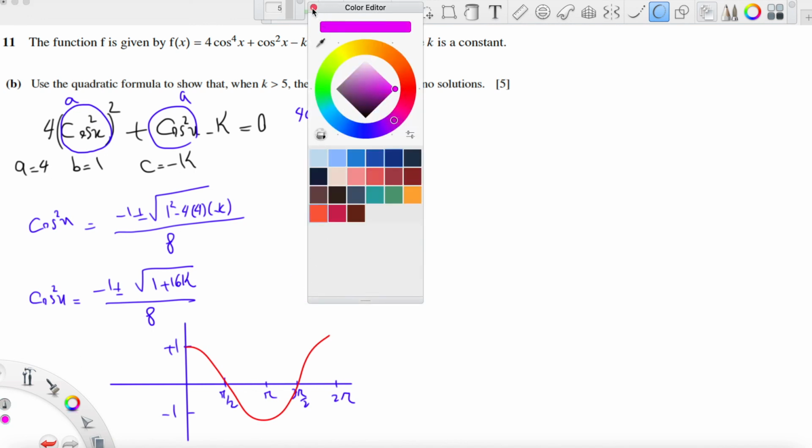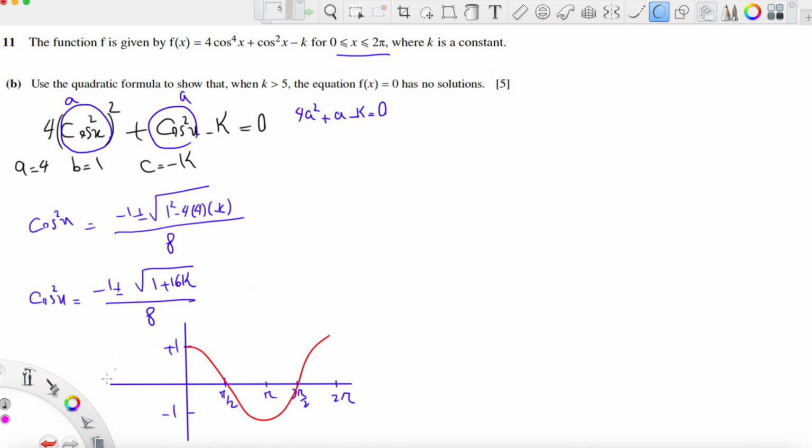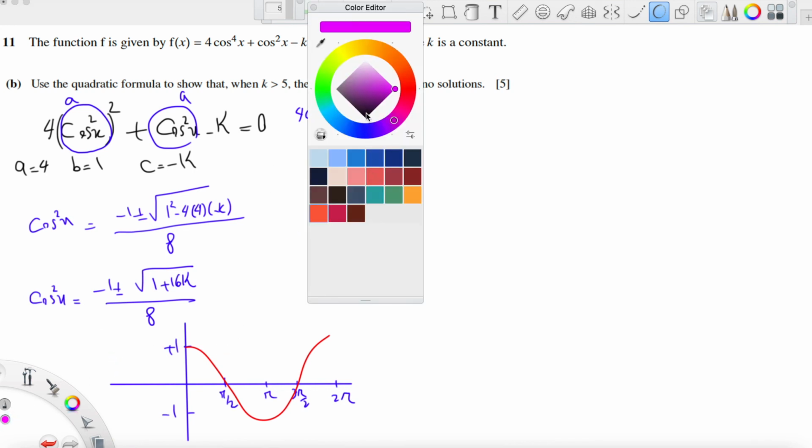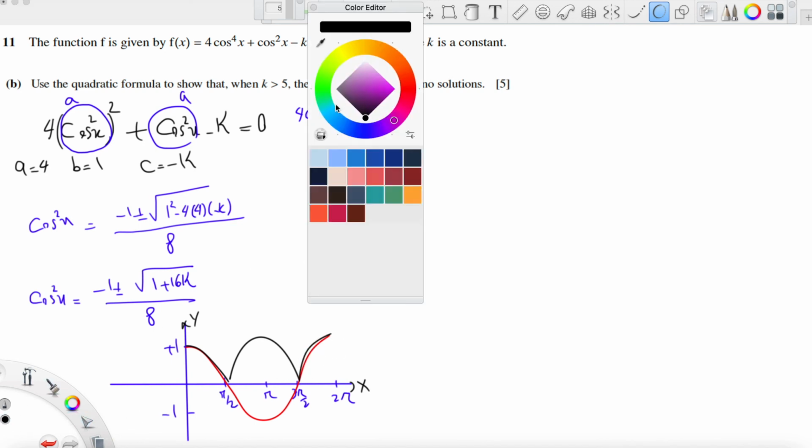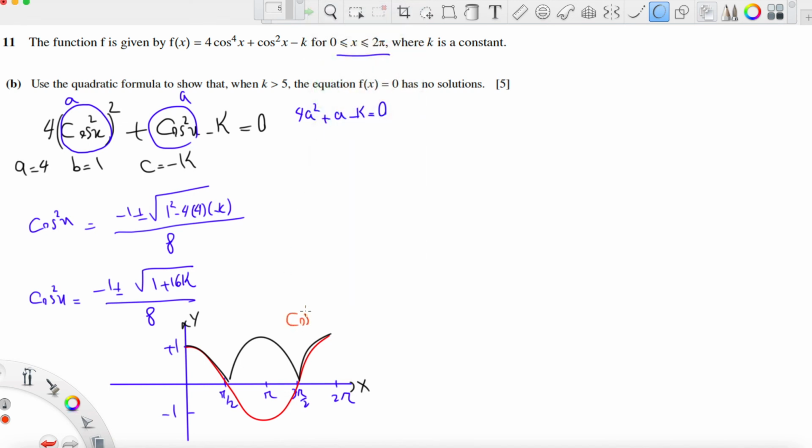This is the graph of cosine of x, but our equation has cosine squared of x. So let me use a black color. Squaring makes the negative part reflected in the x-axis: the positive parts remain the same, but these will be reflected. So this black one is the graph of cosine squared of x.